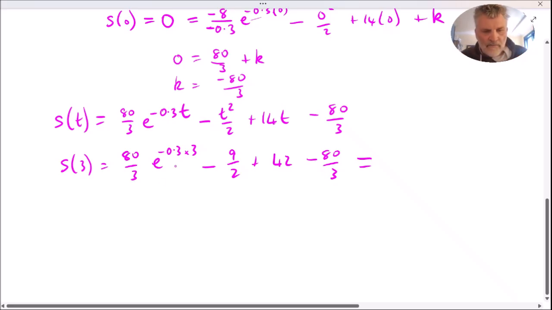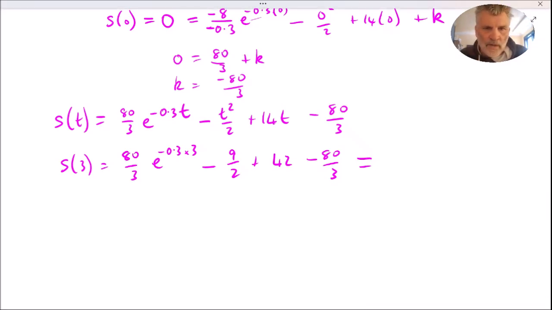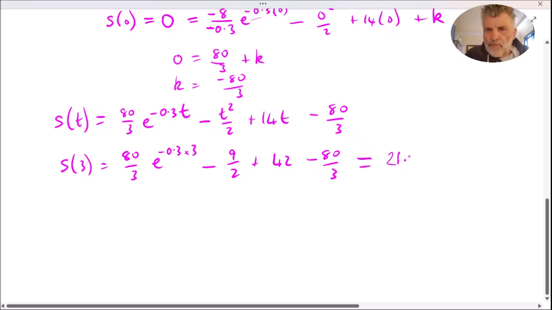I guess you have to use a calculator there. Just see, I think I've done the calculation somewhere. Yeah, I got 21.7. 21.7 meters after 3 seconds.